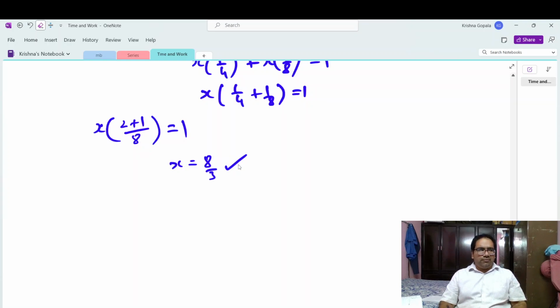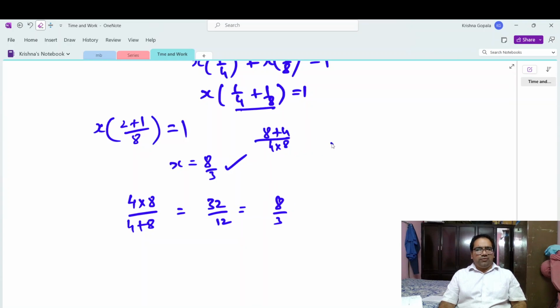Now, can you see this 8 by 3 is equal to 4 into 8 by 4 plus 8, that is 32 by 12. Here, what we are doing is 4 into 8, the LCM, and the numerator is 4 plus 8.